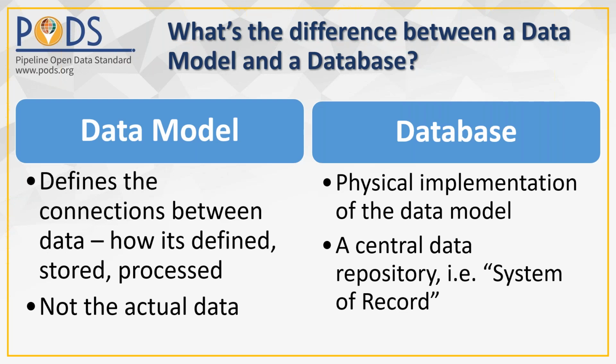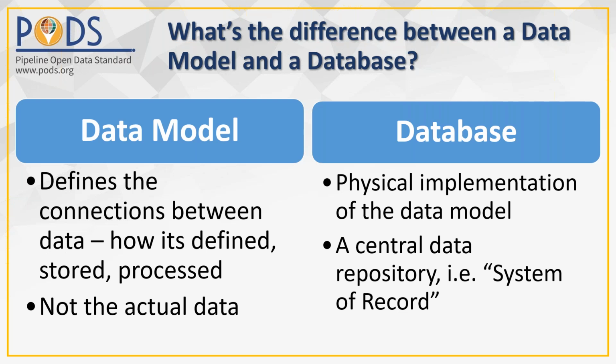But I want to make sure we're clear on the difference between a data model and a database. When we talk about PODS 7, or PODS 3 or 4 or 6, these are data models. And inherent in these data models are the connections between the data.